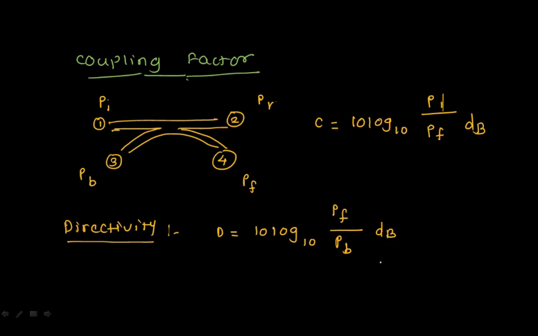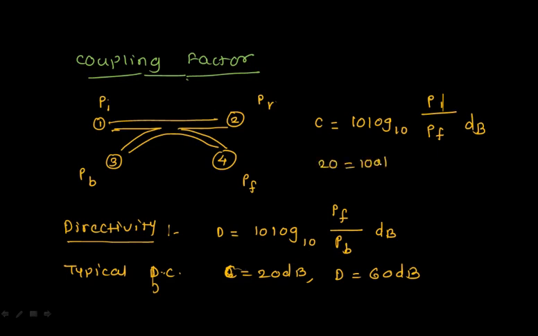Okay, so if I take the example of a typical directional coupler, if you see in the lab, a typical directional coupler is having a coupling factor of 20 dB and directivity of 60 dB. So when I say my coupling factor is 20 dB, 20 is equal to 10 log to the base 10 Pi by Pf.